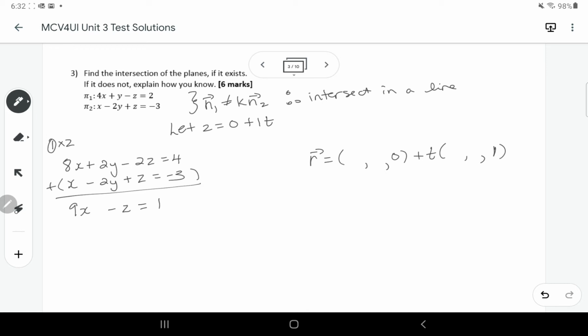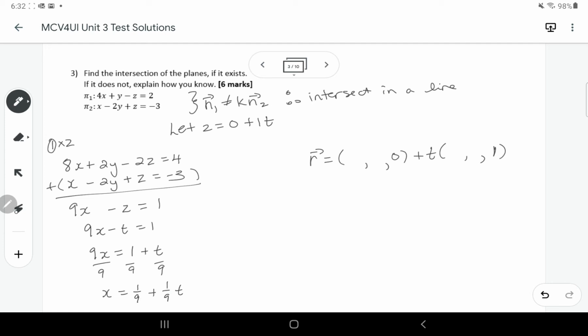Now I know that z equals t. So I get 9x minus t equals 1. So 9x equals 1 plus t. And then divide out that 9. X equals 1 over 9 plus 1 over 9t.